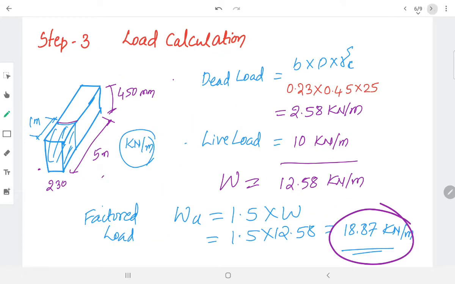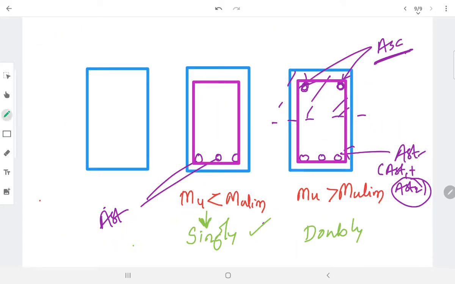That's why, in a singly reinforced beam also, I will provide a minimum of 2 bars at top. There is no calculation for this; you may go for nominal reinforcement, 8 mm or 10 mm. These are the minimum reinforcement to be provided. Whereas in a doubly reinforced beam, you need to calculate how much reinforcement is required at top as well as bottom. In singly, I will only find the reinforcement at bottom.